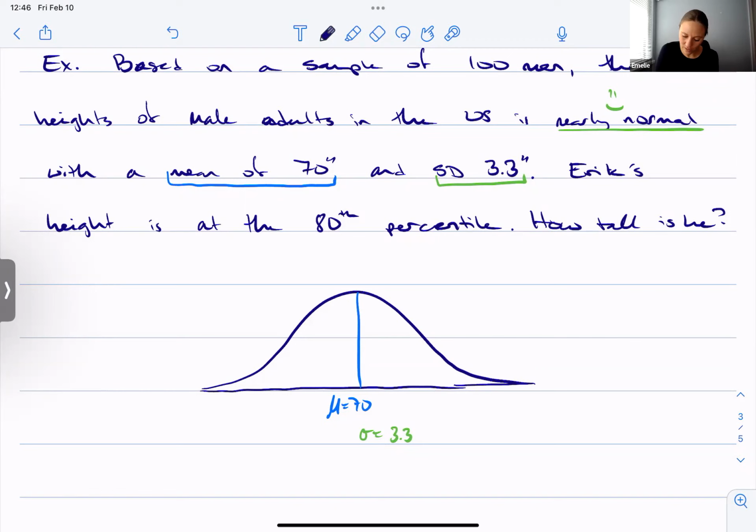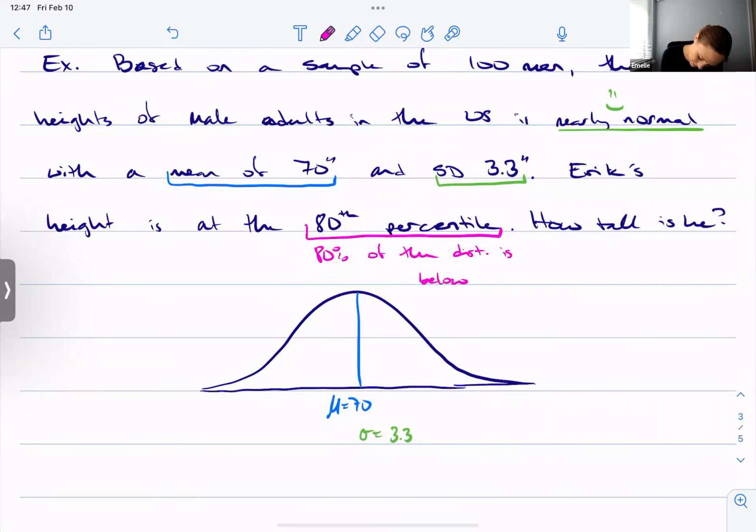What does the 80th percentile mean? It means that 80% of the population is below it, or 80% of the distribution is below his height.